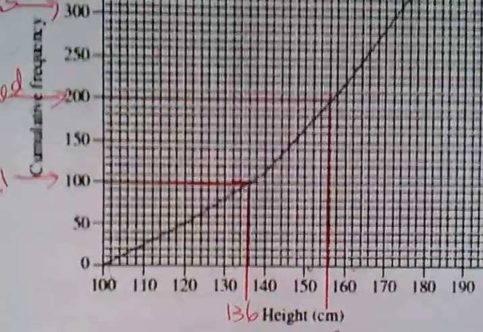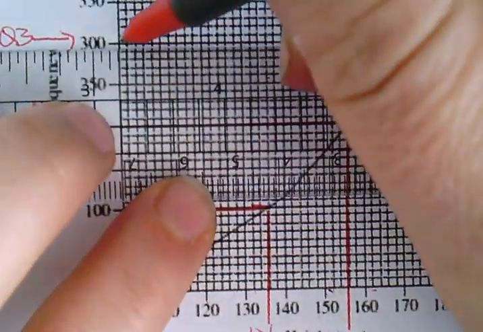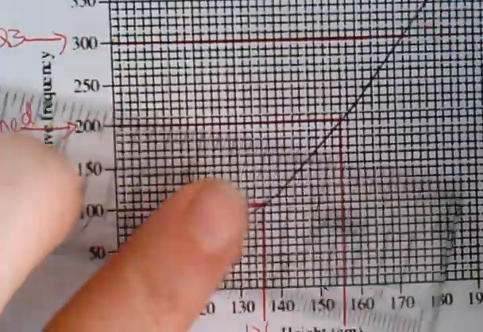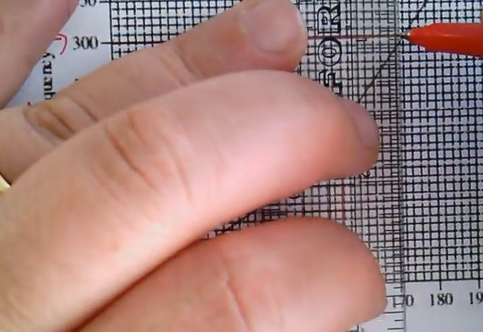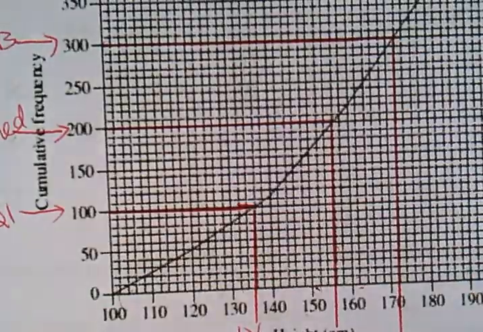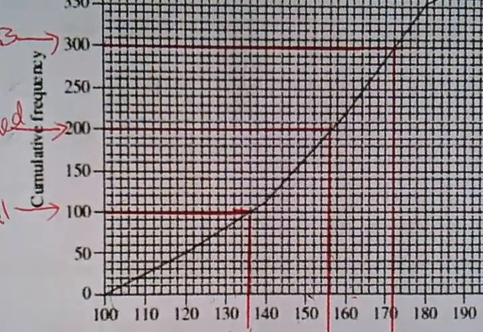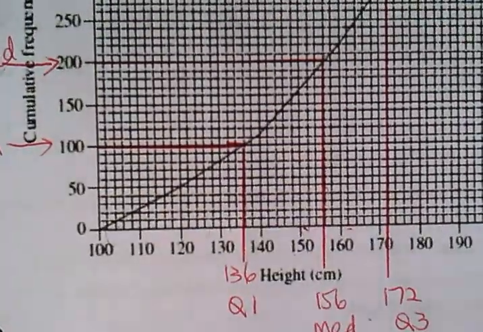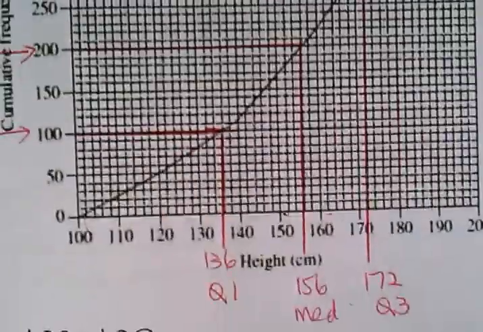And Q3, I come across at 300. Oh, what's this one? Yeah, I think it's 172. 172 is Q3. So, are we good?